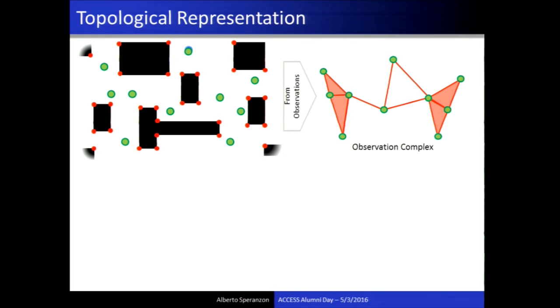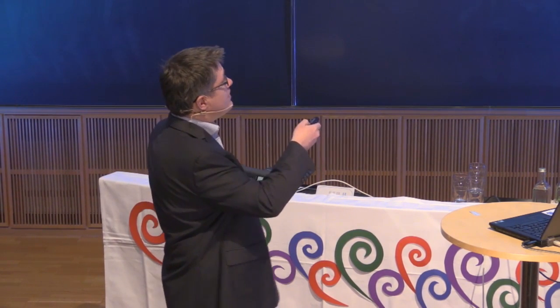Now, what you can do is represent this environment using the observations and compute what we call an observation complex. Now, every time that I show these things, it looks like I know the geometry of the problem. It's only a convenient way to plot it.